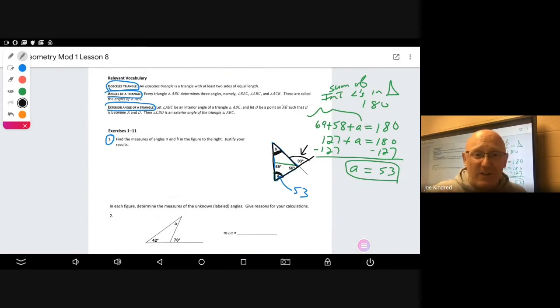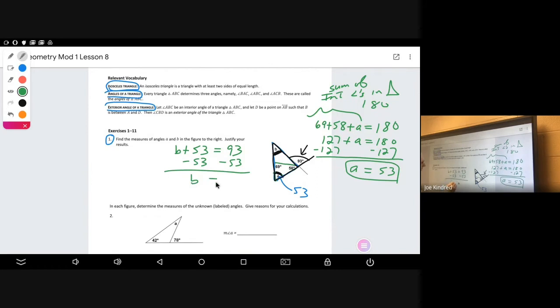And so that allows us to set up an equation. So I'll do that right here. B plus 53, now that's what A is, is equal to 93. Solve. And B is equal to 40.